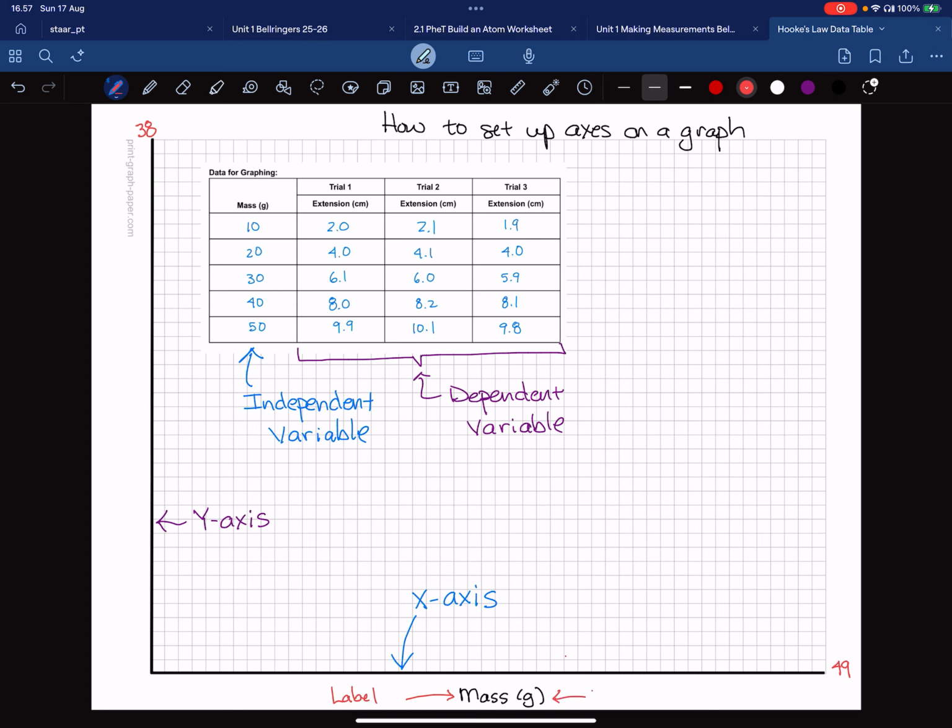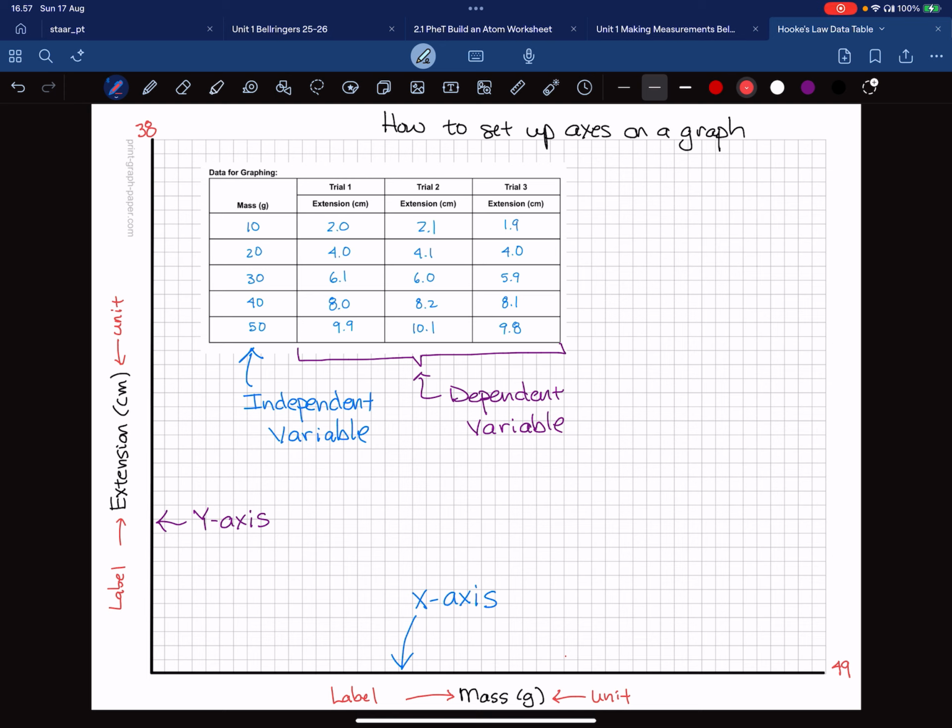Grams is the unit. The y-axis is going to be extension, how much the band stretched, in centimeters, where extension is the label and centimeters is the unit.